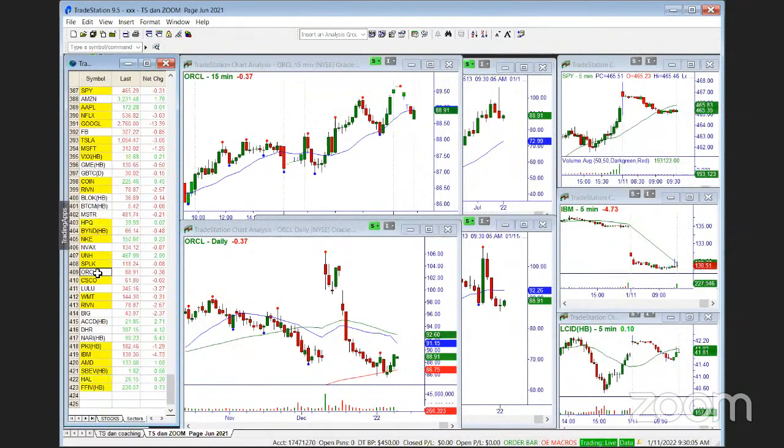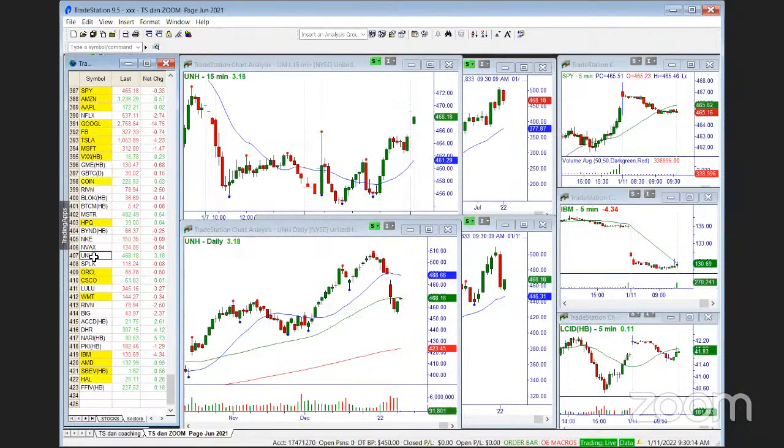Oracle, another making the turn at the 200. UNH, we were watching yesterday. Also a deep retracement, but it had a nice 2-bar turn, and now it's gapping up.